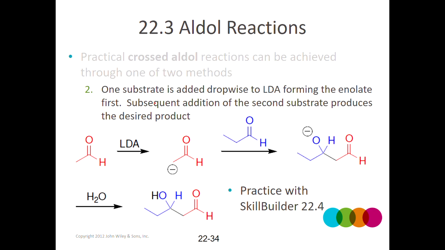So here's method 2. We're going to talk a lot more about this one in detail next time, so this is basically just an intro to it. The idea here is, even though I've got an alpha proton that could be picked off from this compound and from this compound, I'm going to do this stepwise.